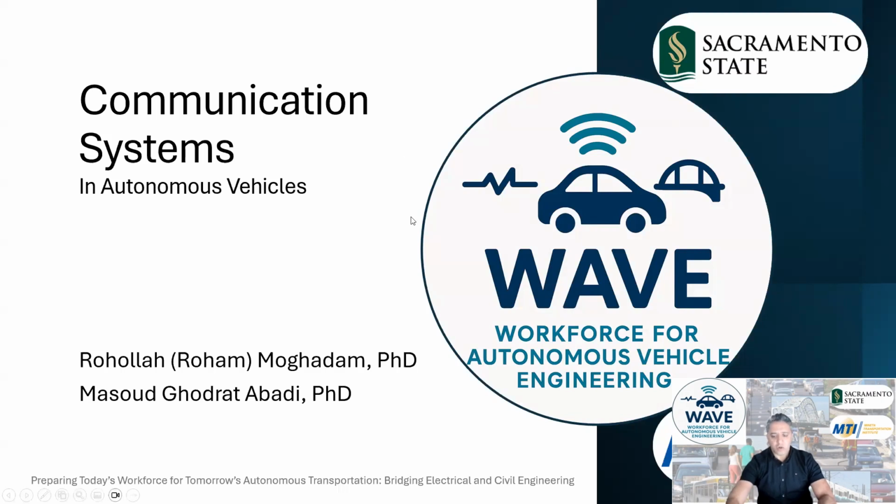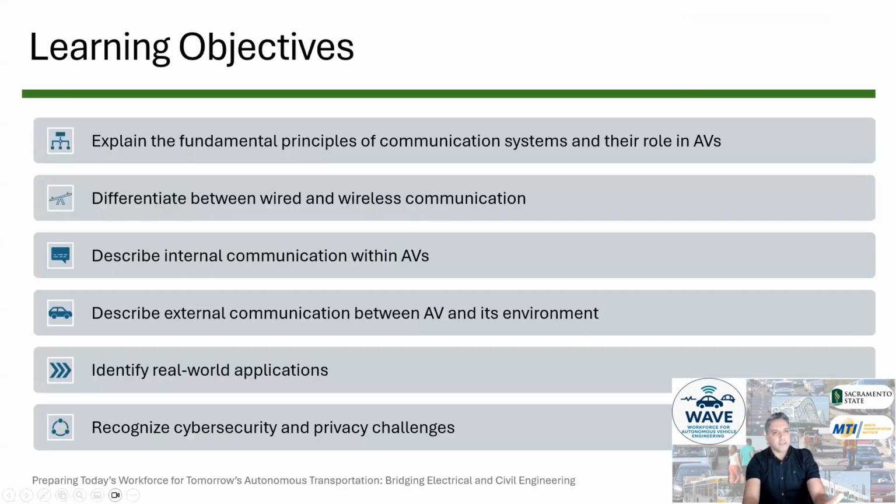So the learning objectives of this lecture are to give you some understanding about the fundamental principles of communication systems and the different categories of communication for the technical part of it, in terms of wired and wireless communication, and then differentiate between internal communication and external communication, and then talk about some real world communication applications.